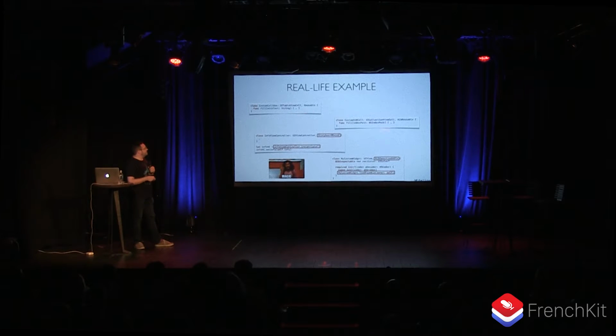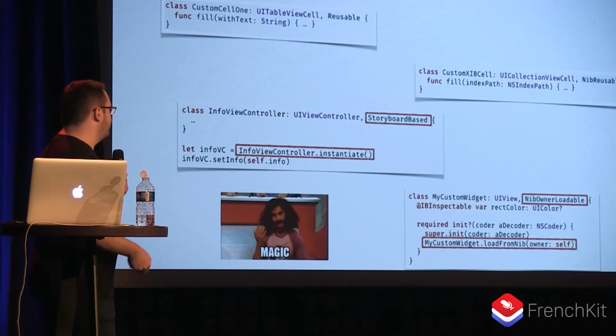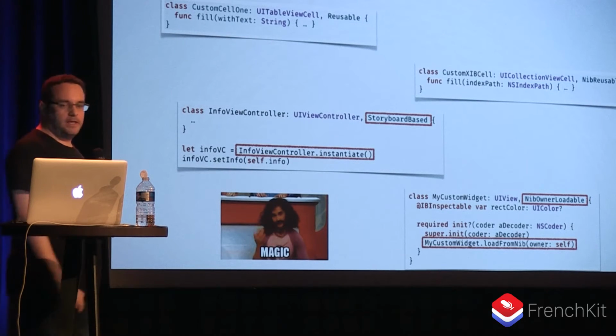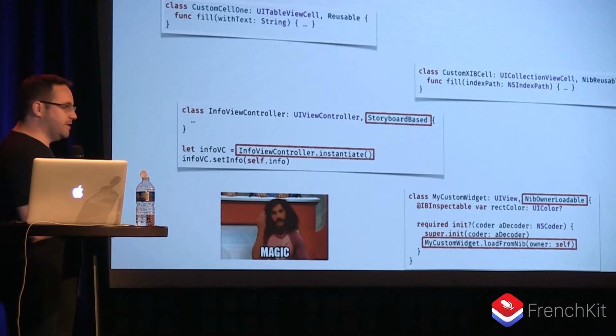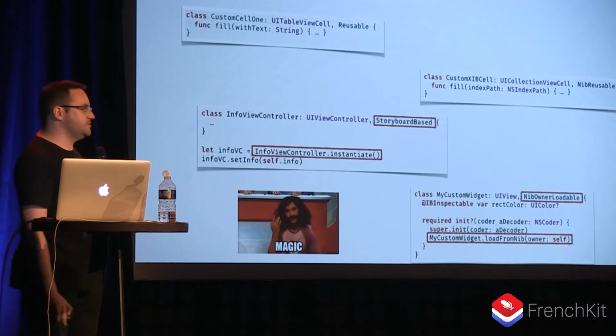So that's a lot of magic there, and that's all thanks to mixins, because just by marking the conformance there, you will get a lot of stuff for free. So I hope you realize how magical that is, thanks to generics, mixins, protocols with default implementations, and some Swift type inference. And you can really do powerful stuff there.